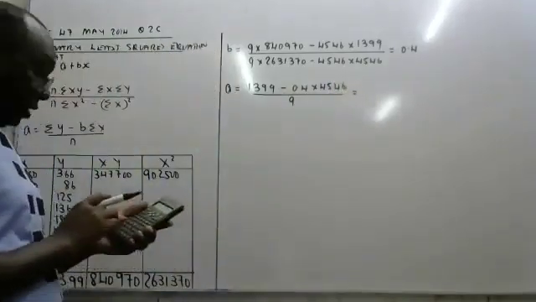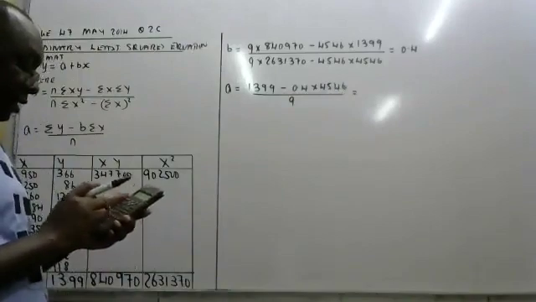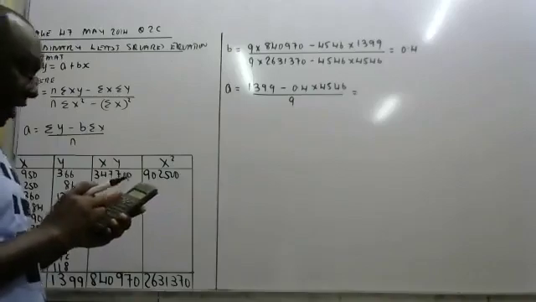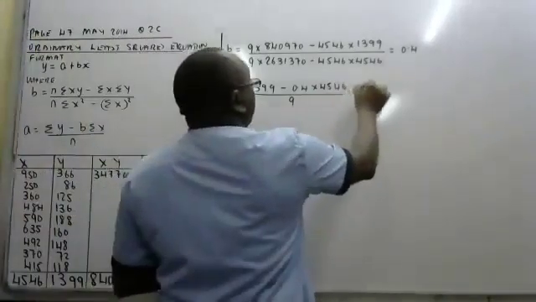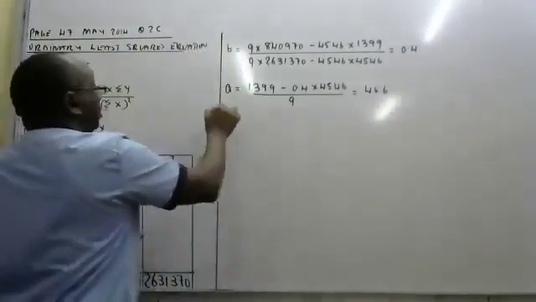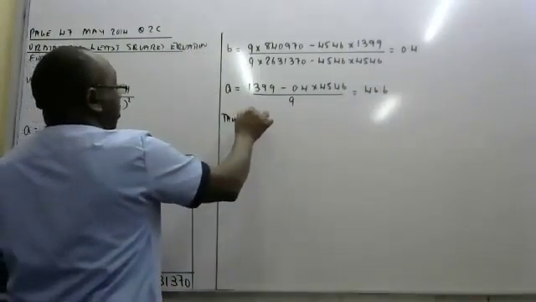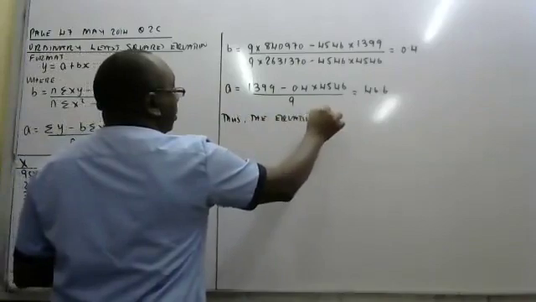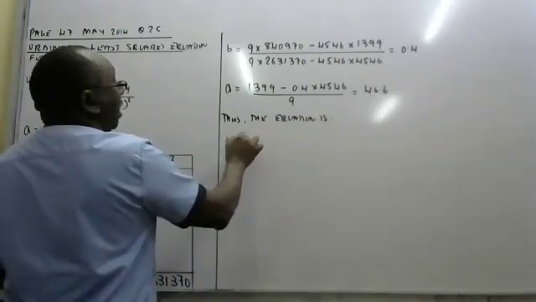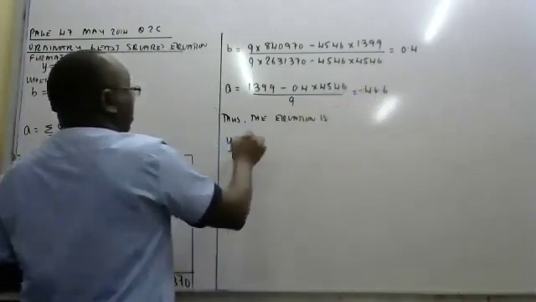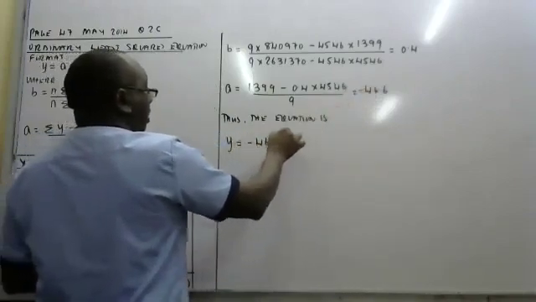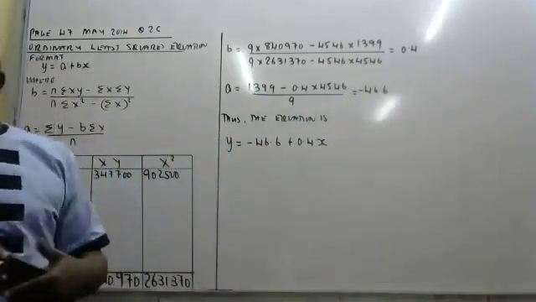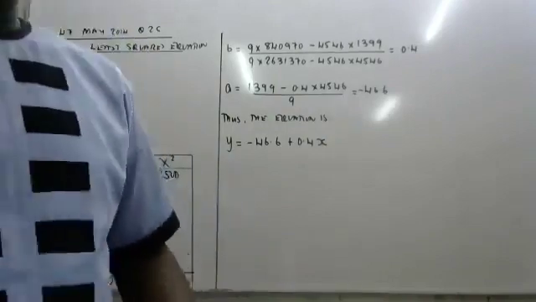So if I say 1399 minus 0.4 times 4546, you divide by 9, it is negative 46.6. Thus, the equation is y is equal to negative 46.6 plus 0.4x. That is what we have there.